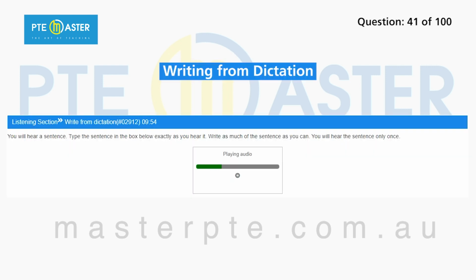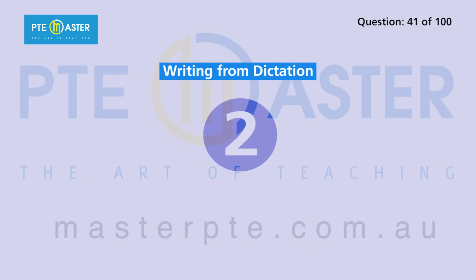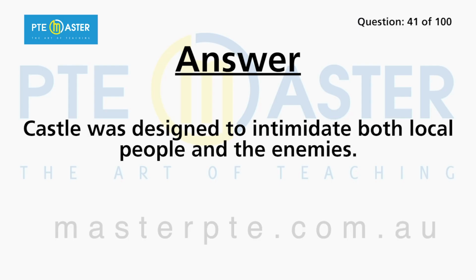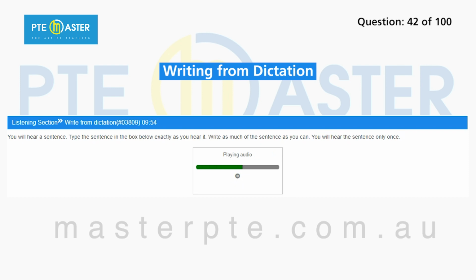Castle was designed to intimidate both local people and the enemies. Blue whale is the largest mammal that ever lived.